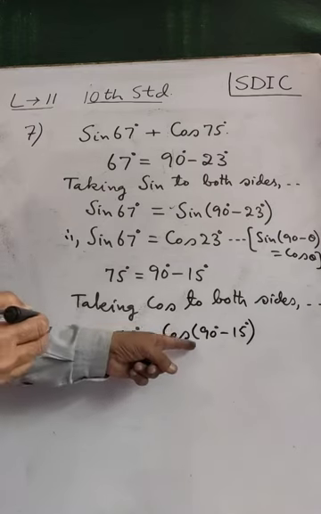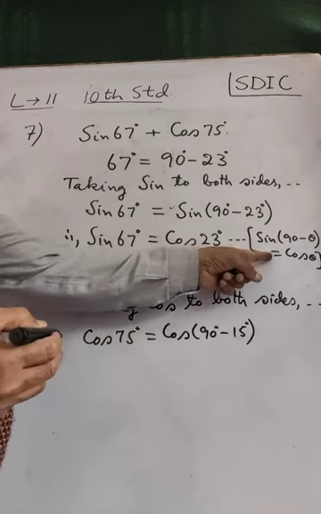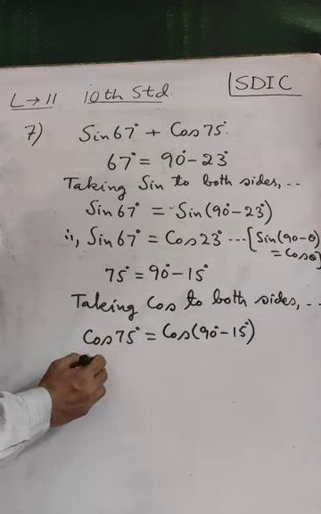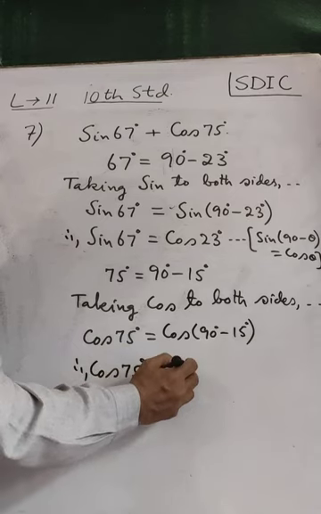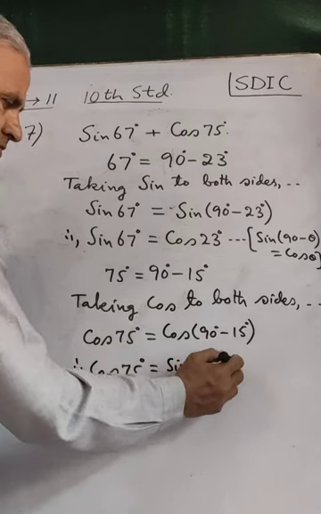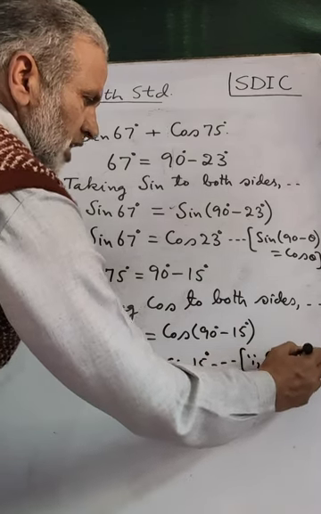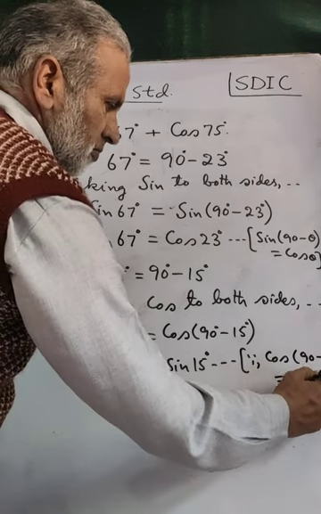And this time it is cos 90 minus theta relation that you have to use. Earlier we used sin 90 minus theta relation. Now you have to use cos 90 minus theta relation. This will give us therefore cos 75 degree is equal to sin 15 degrees, because cos 90 minus theta is equal to sin theta.